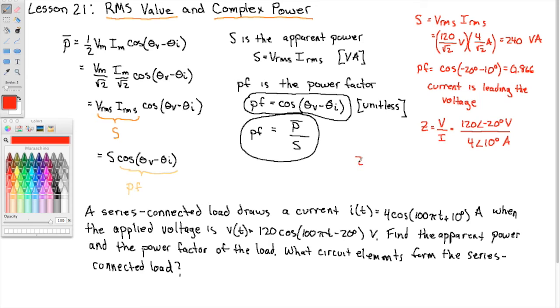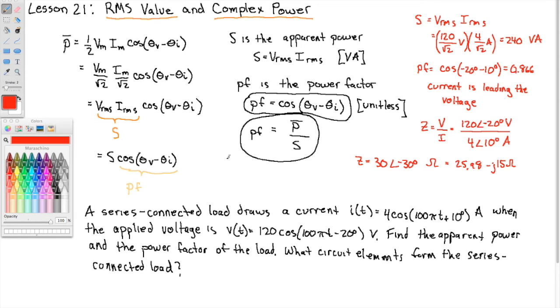So when we do that calculation, we get Z equals 30 angle, so again the magnitudes divide, that's 30, and the angles subtract, minus 30 degrees. And this is ohms. Now if we put that in rectangular form, we get a real part of 25.98 and an imaginary part of minus j 15 ohms.